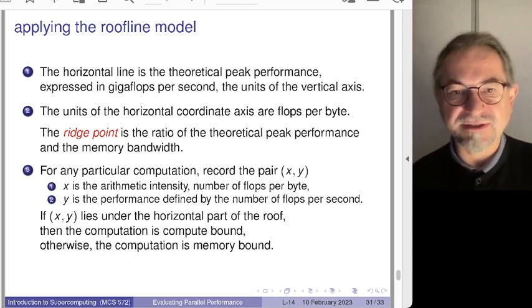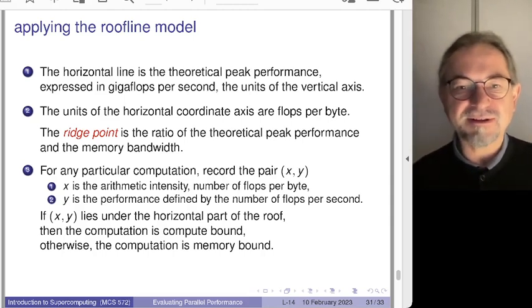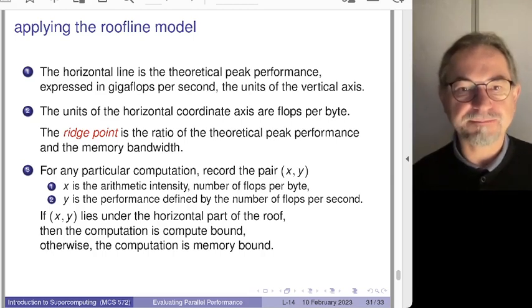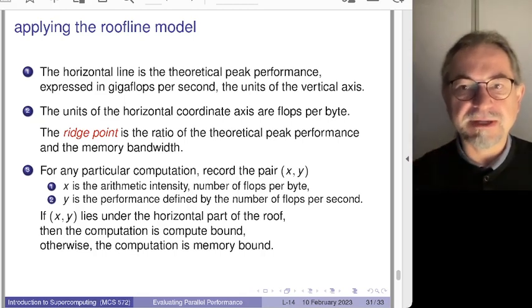So flops per second is kind of, I'm not using flops consistently. Flops often is used as the unit for speed, but flops is also the count, the number of floating point operations. Okay, but the neat part is that for any computation that you do, you have a dot that you can place under the roof.